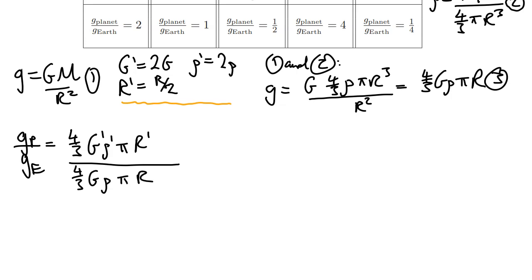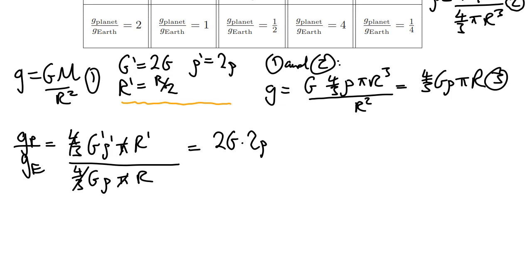Okay, we can see that the pi's cancel, 4/3 cancels, and now let's use the information that the question has told us already, namely stuff that I've sort of underlined in yellow here. We know that G dash is actually 2G. We know that rho dash is 2 rho.